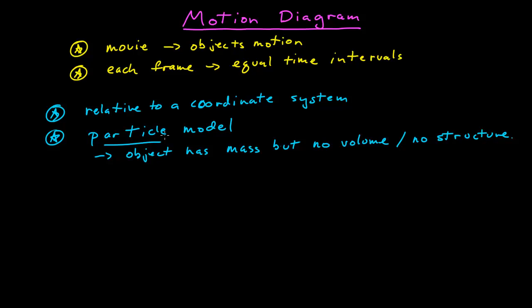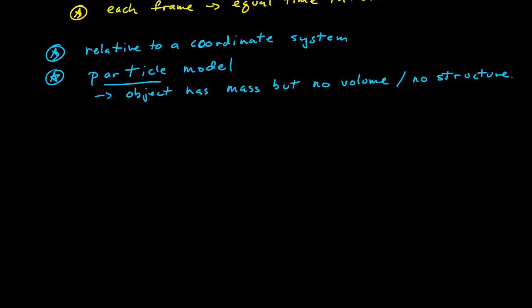So let's do motion diagrams for our four objects in motion that we want to look at. Okay, object A, we're going to say, is a toy car speeding up on a table.